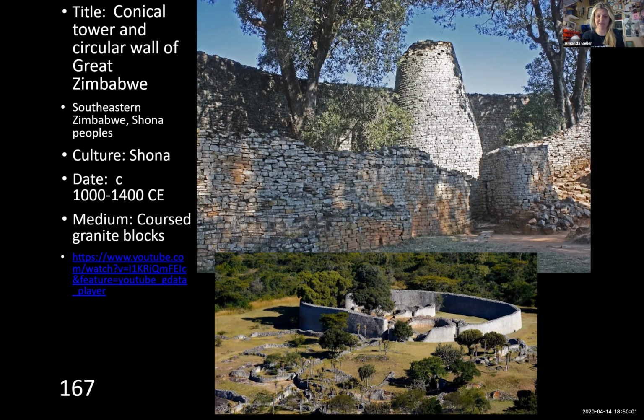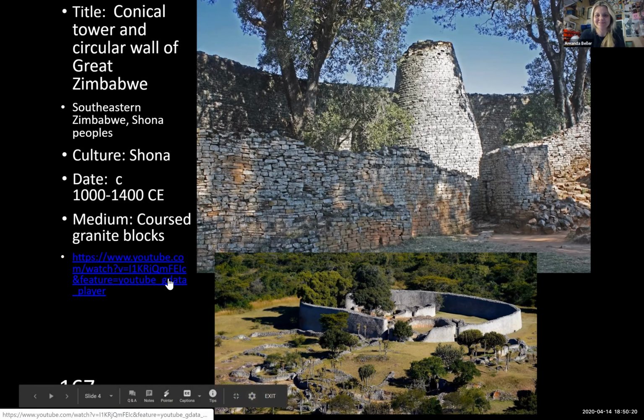And so one of the things to consider here with Great Zimbabwe is it is also divided up by social class. And so there's kind of three different main areas where one could live here. And so we'll look at that and we'll talk about that. I'm going to click on that video on the screen and hopefully it will play for you guys.